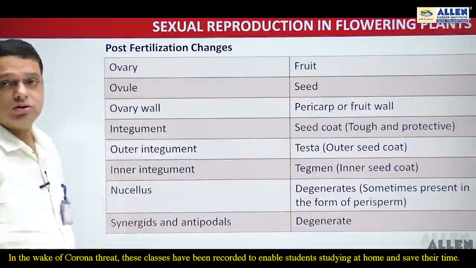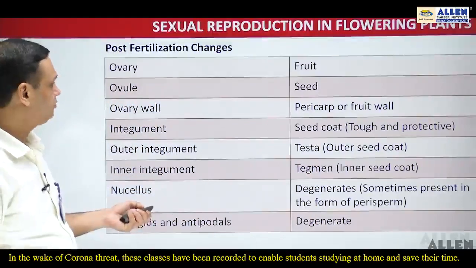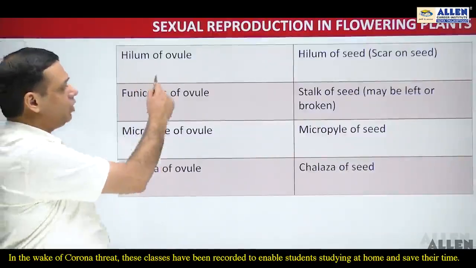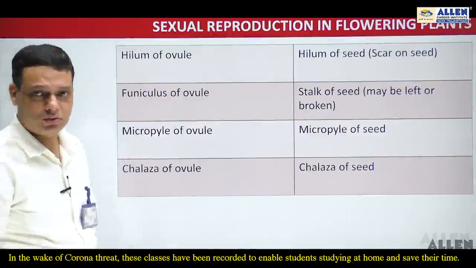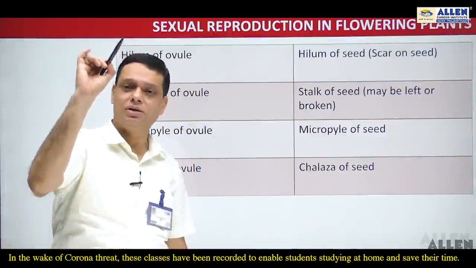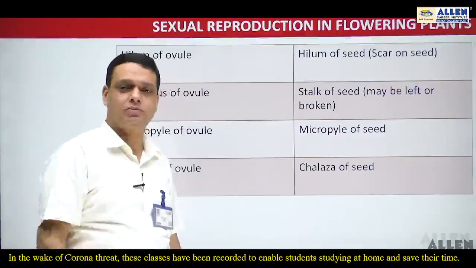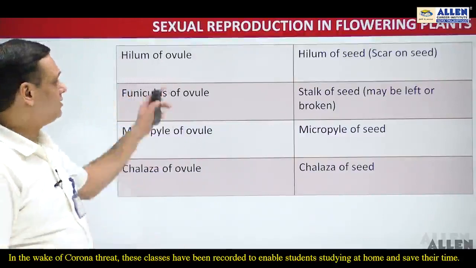Synergids and antipodals are also degenerated after the fertilization process. Hilum of the ovule. What is hilum? We have already studied the hilum: the point where the funicle gets attached to the body of the ovule, the nucellus, is known as hilum.